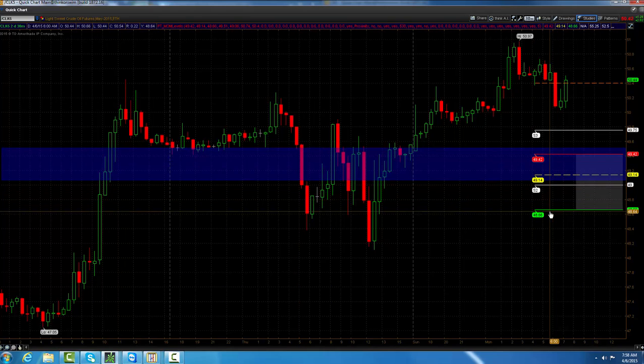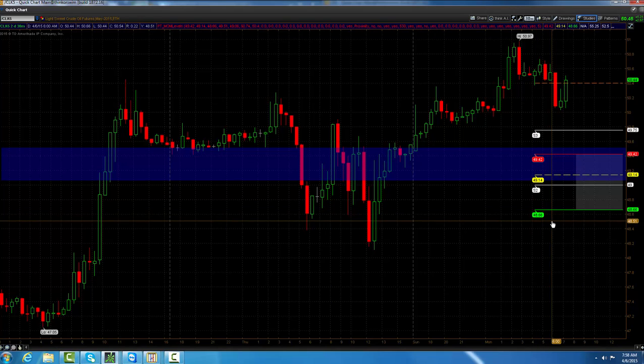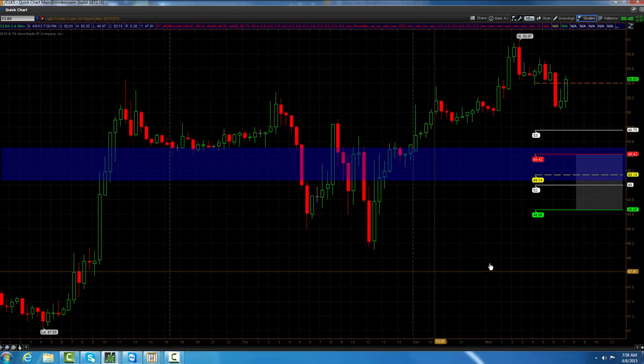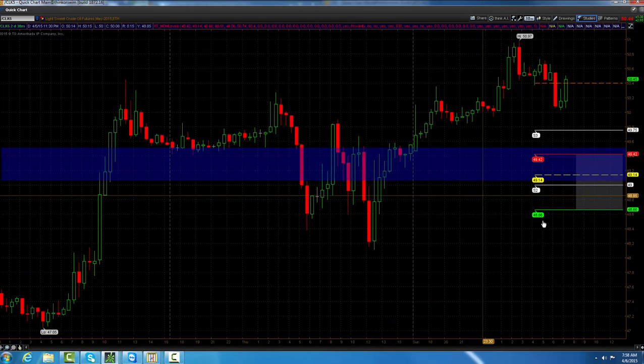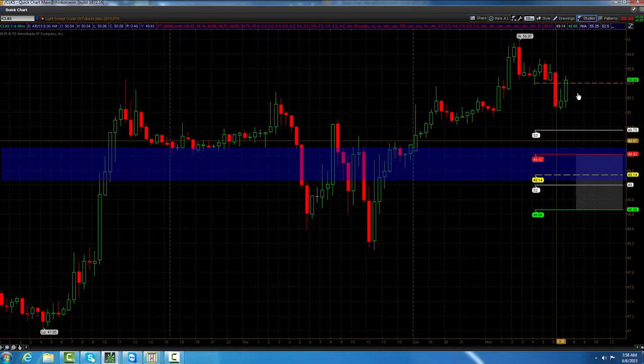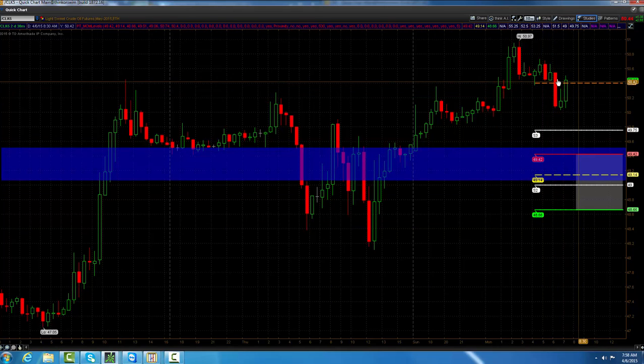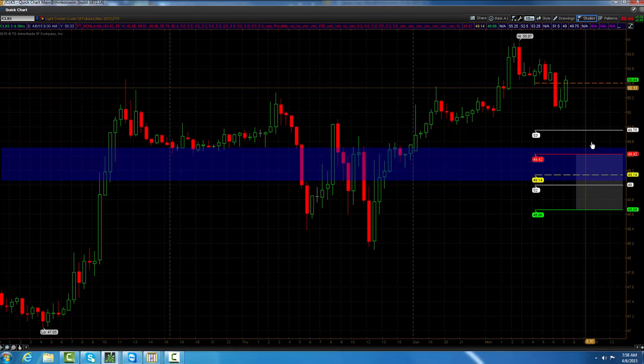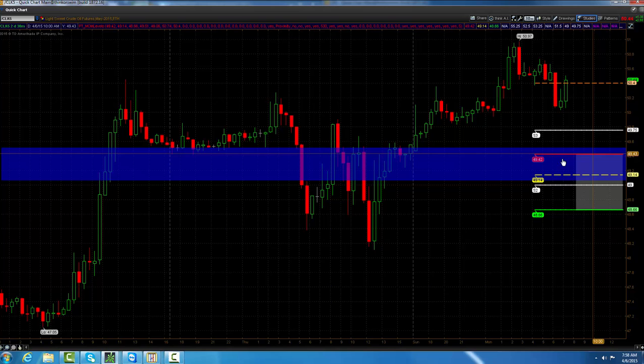We are going to use 49.42 as the top of value, 49.14 as the point of control, and 48.66 as the bottom of value. I am still bearish oil. If we stay above this, we can move higher, but moving below this, I think we'll go down and test the value areas.